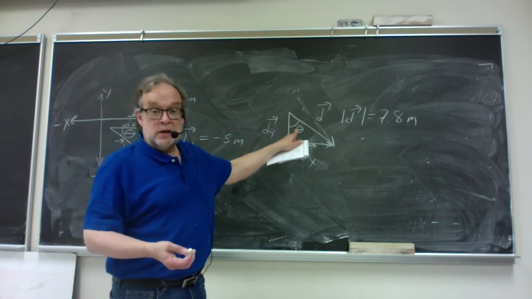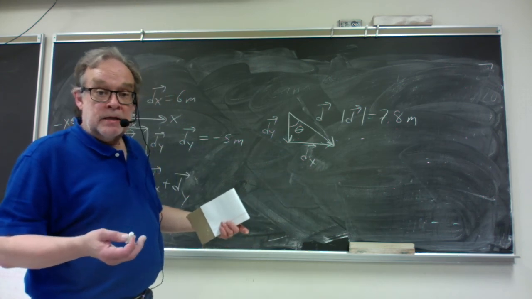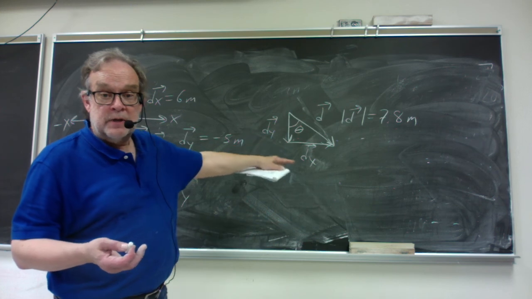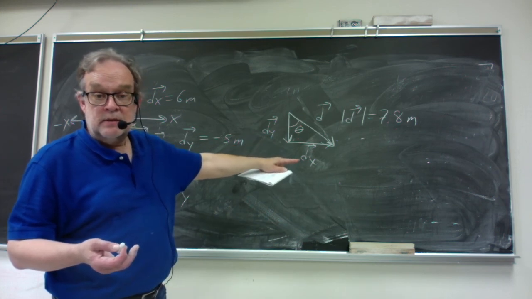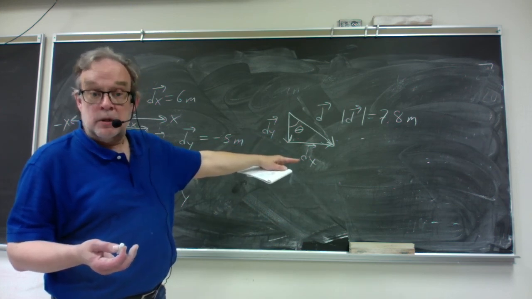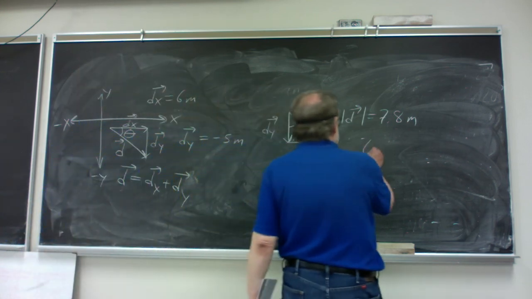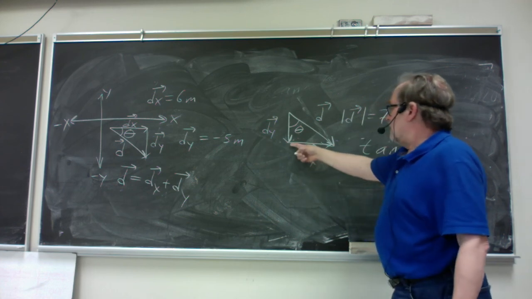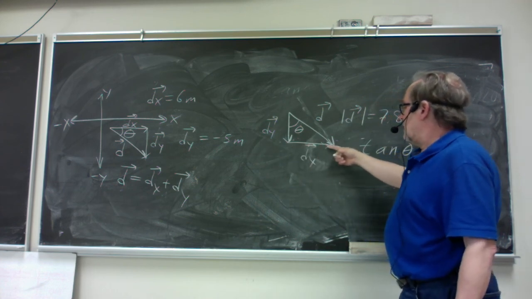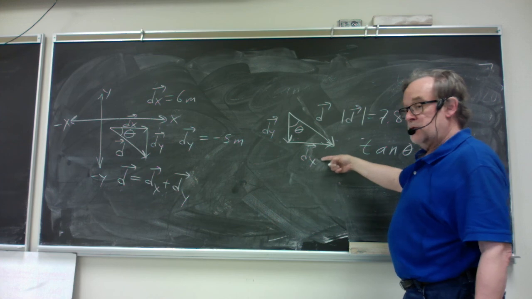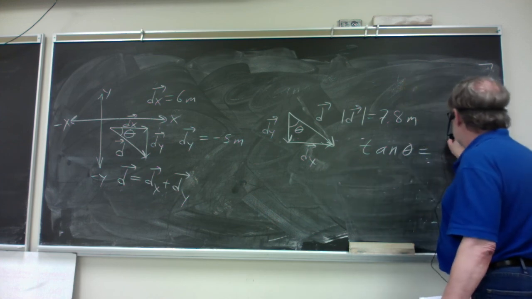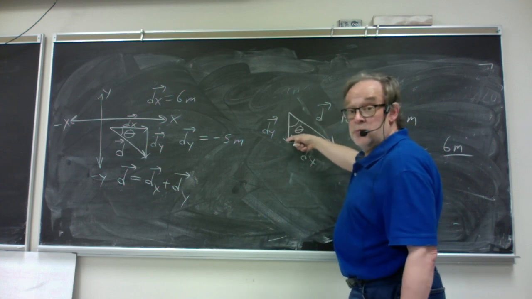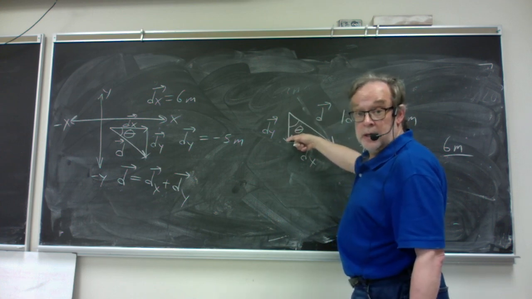So finding this angle, you use tangent again, and tangent of that is the ratio of opposite over adjacent, but now opposite is the magnitude of the x component. Tangent of that angle is length of the opposite side, which is magnitude of dx, which is 6 meters, divided by length of the adjacent side, which is in this case dy.